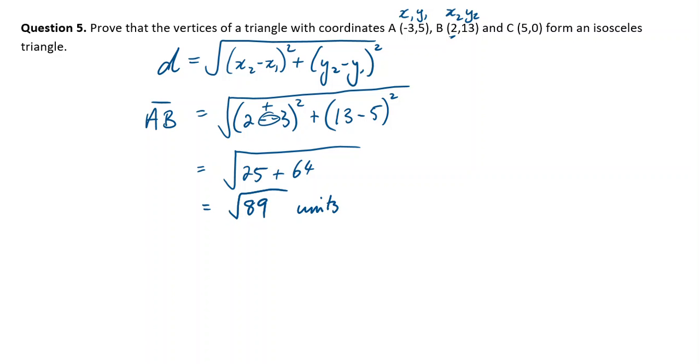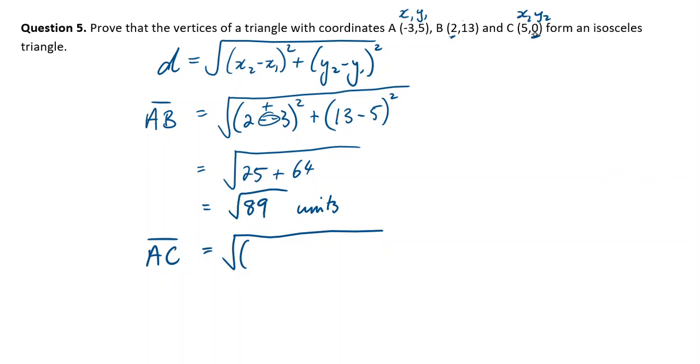What we're looking for is another side that has the same distance as that. So let's try now with AC, distance for AC. Our formula gets written out again. Well, we don't need to write out the formula, but what we might do is change it so that we've got this being x2, y2 over here.